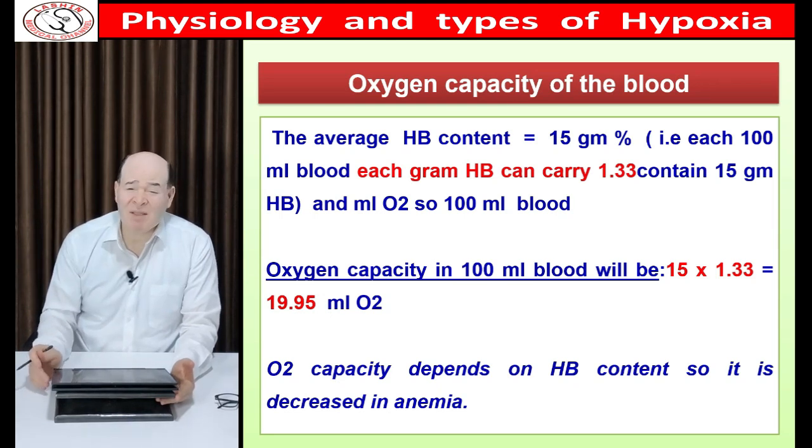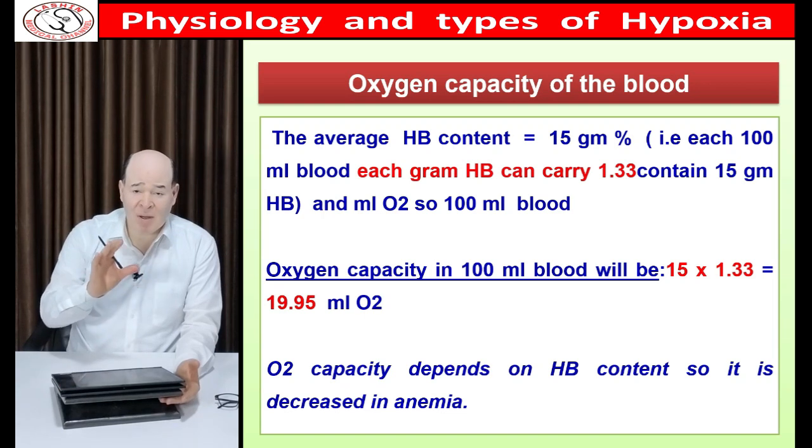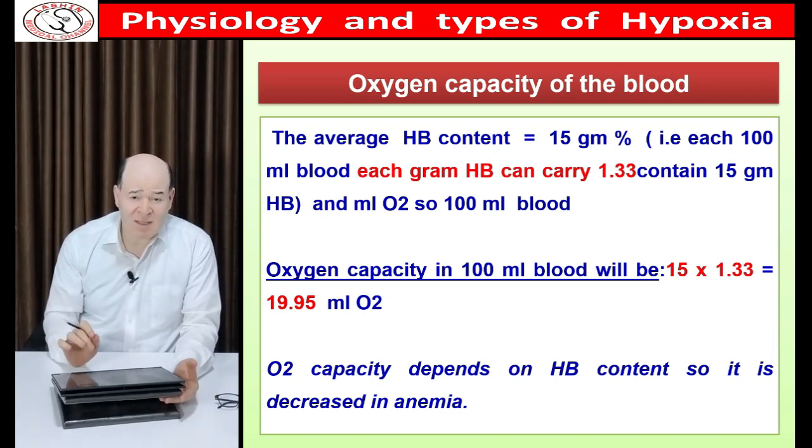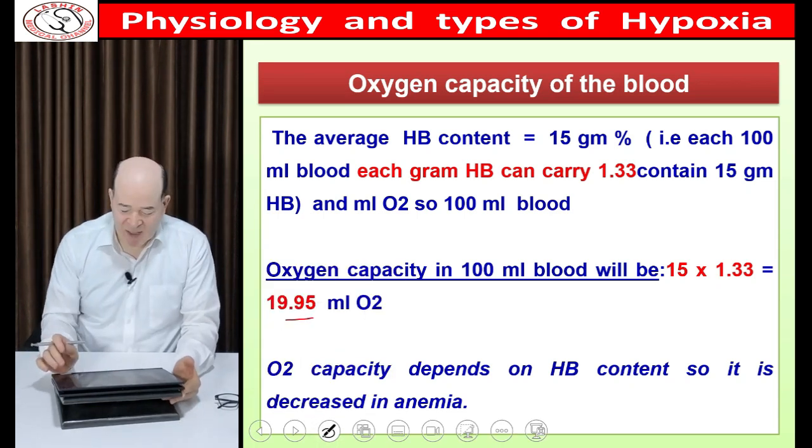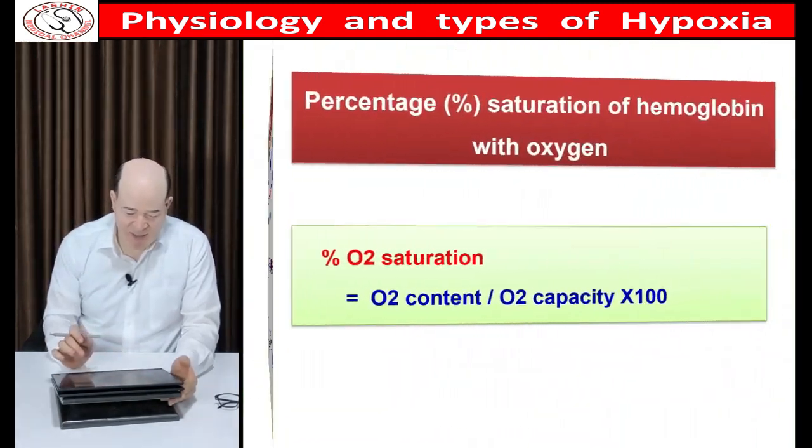The full capacity of each gram of hemoglobin is to carry 1.33 milliliters of oxygen. So to calculate the amount carried on these 15 grams of hemoglobin, it will be 15 multiplied by 1.33, and the result will be nearly 20 milliliters of oxygen. This is called the oxygen capacity of the blood.